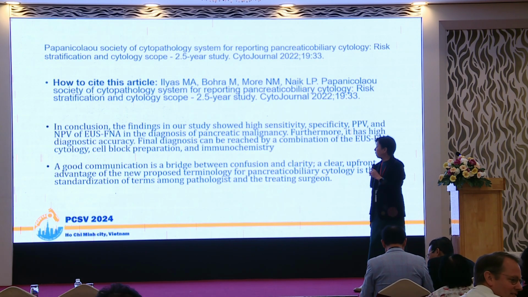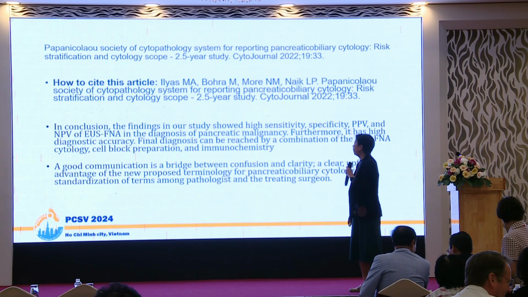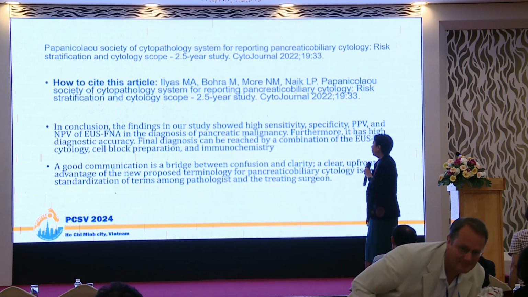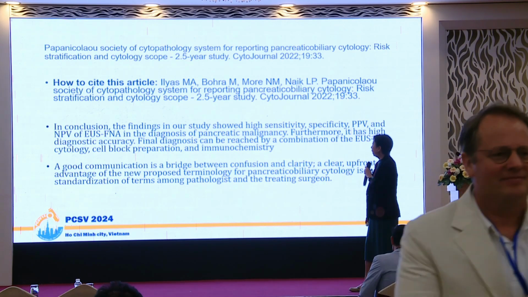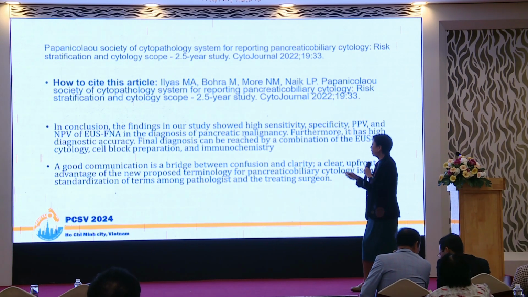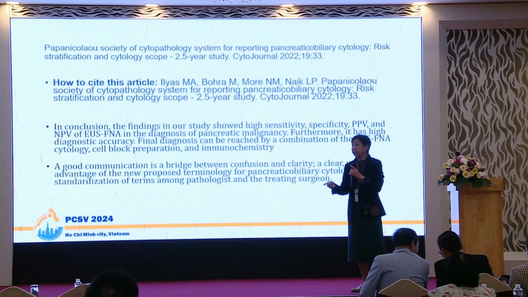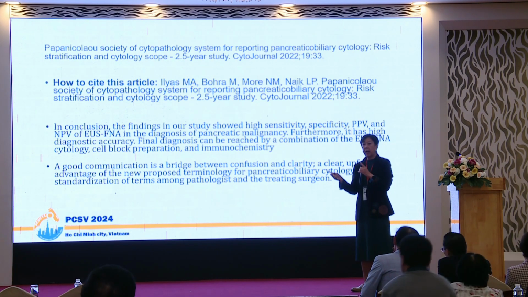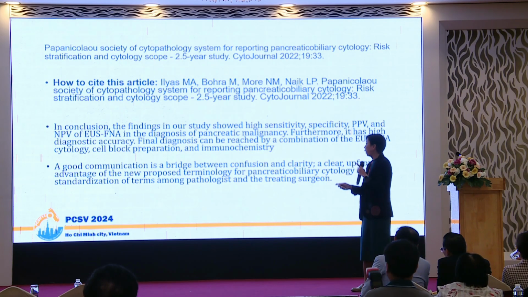So previously there was a Pancreatic Society cytopathology system and how to use it. So basically there was a high sensitivity in the 6 or 7 categories. They did specify the different categories and tried to tie it in with histopathology.